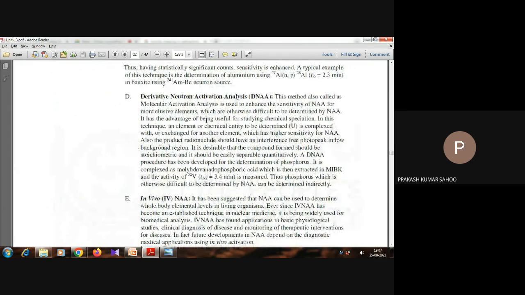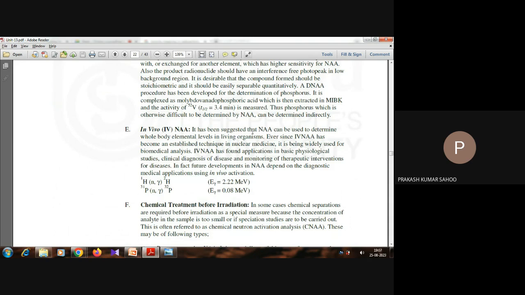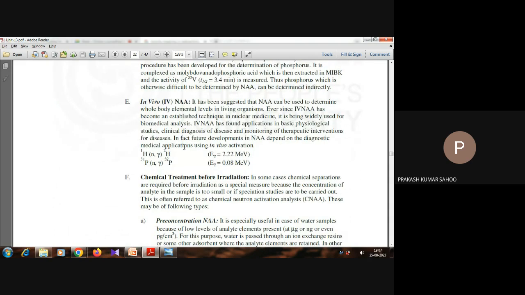Then derivative neutron activation analysis. So this is the differential again, derivative. This is also known as molecular activation analysis, which is used to enhance the sensitivity of NAA for more elusive elements. Then we have in vivo. In vivo is used to determine whole body elemental level in a living organism.